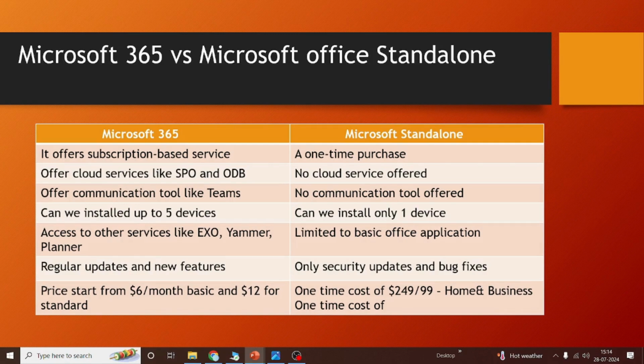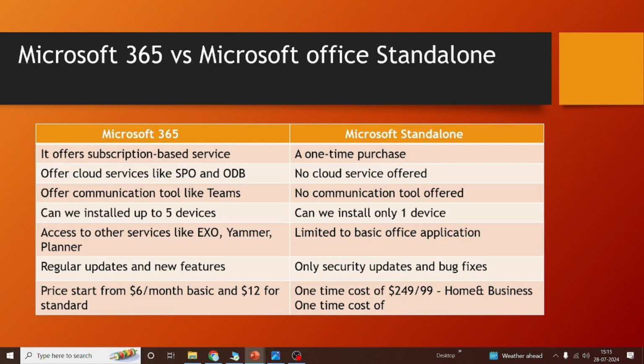Probably you might not have all of these, but in your family you must have 2 to 3 phones, and Office, like Word, Excel, PowerPoint that we all know about, is a necessary tool that you must have either on your phone or on your laptop. So if you're going with Microsoft 365, you get all of these, easily installed on up to 5 devices. And the standalone plan is only good for one device.